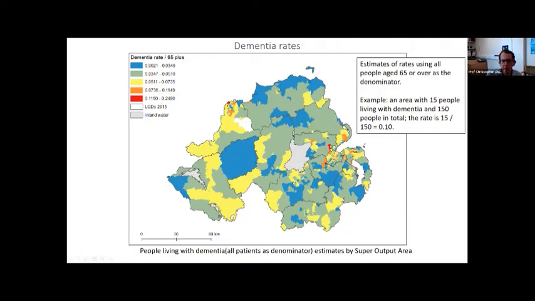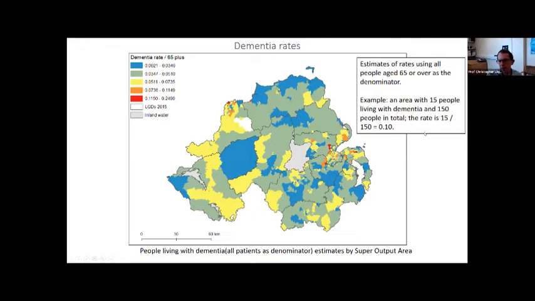So simply, as I've said, in the reds, our estimate is that the dementia rates are higher and the blues are lower. I should say this is out of the population aged 65 plus, which of course is not including everybody living with dementia. We tried a few different approaches with different denominators. I'll show you the example in a minute with the whole population as the denominator.